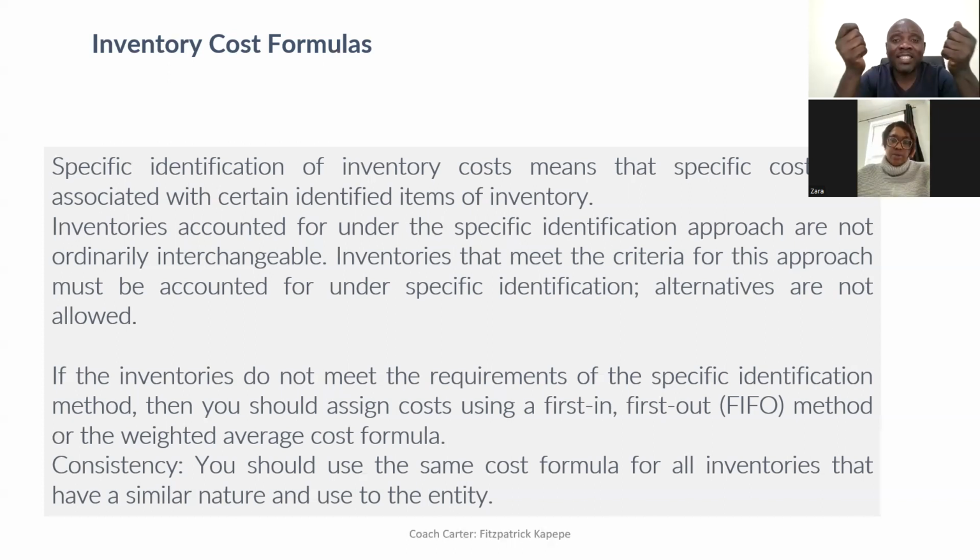But where you have challenges, that is where you have to start thinking of using FIFO or weighted average. Others may use LIFO. So if the inventory does not meet the requirements of the specific identification method, then you should assign costs using a first in, first out method or weighted average cost formula.